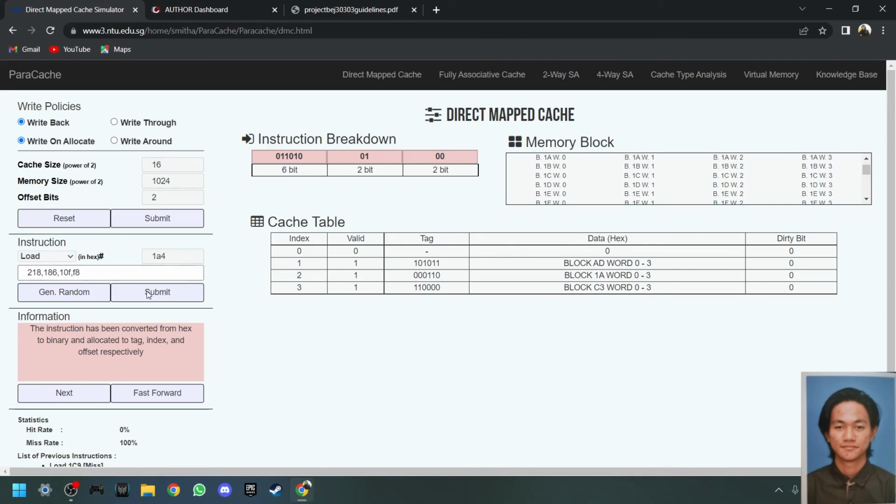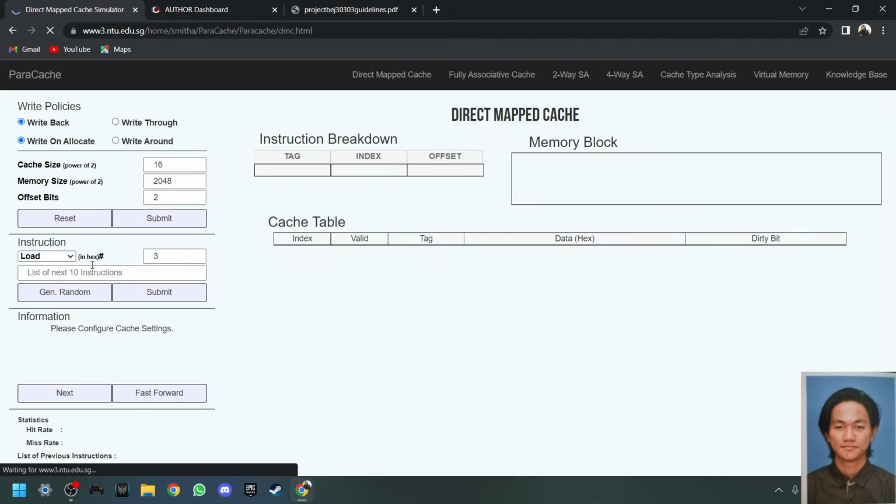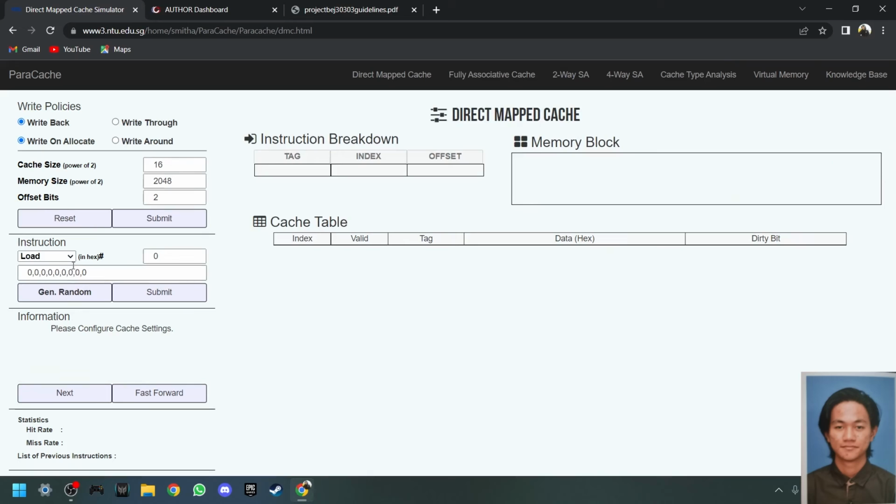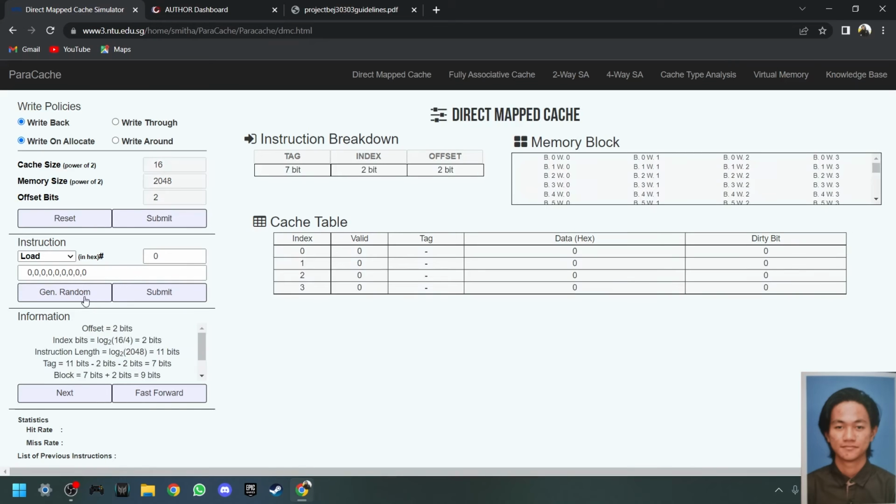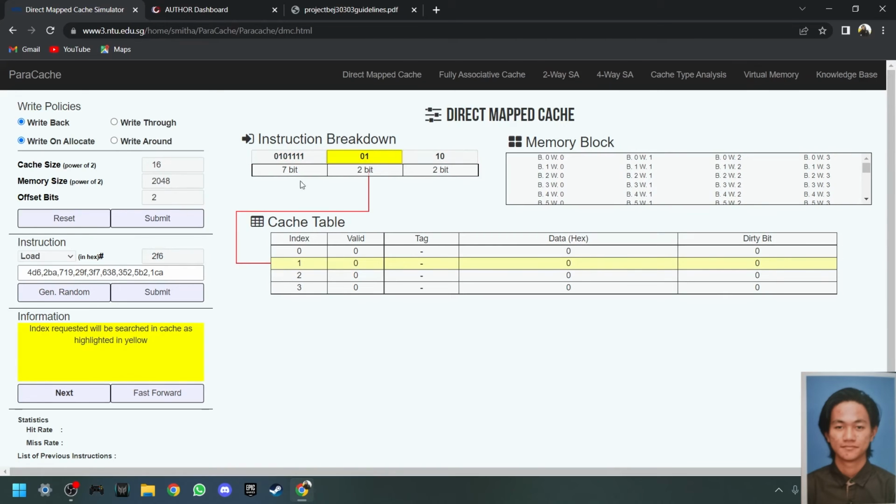Okay, let's just do this again. We just generate random. First they convert it to hex numbering, and then the requested address is 2F6.